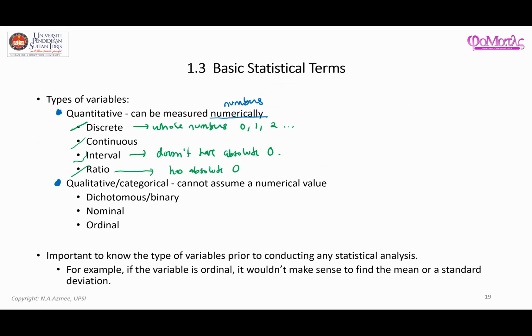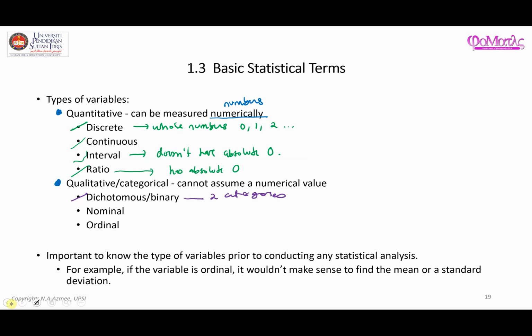All right. Next we're going to talk about the qualitative or categorical variable, which cannot assume a numerical value. In other words, it can only give answers in words or in categories. We're going to look at the first type of categorical variable, which is dichotomous, and it basically means it has only two categories.